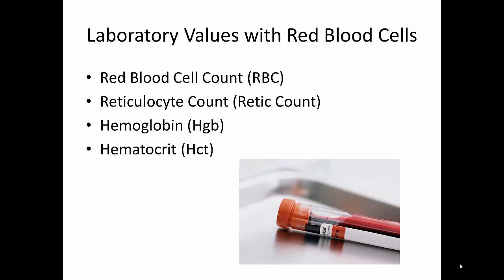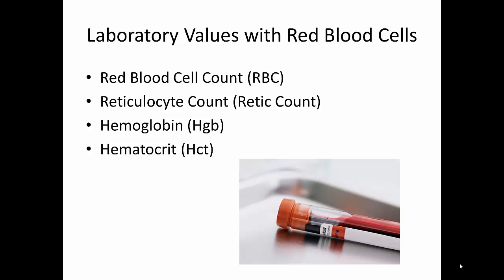Again, depending on your source, it's going to vary a little bit. So red blood cell count is 4.2 to 5.4 million per milliliter, I believe, but I could be wrong on that, for men, and for women, normal red blood cell count is 3.6 to 5.0 million.